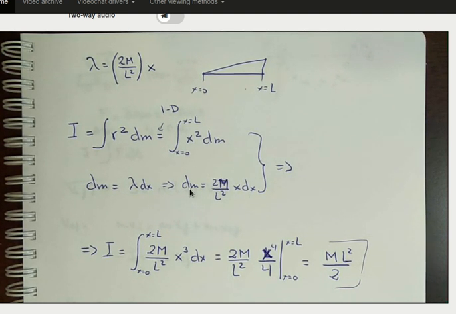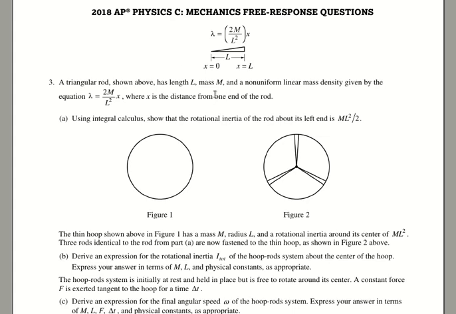So we change the differential of m and plug it inside the integral, and when you make the integral, you get x to the fourth divided by 4, between x equal to 0 and x equal to L, and this is the final result, which is the same they are asking here.